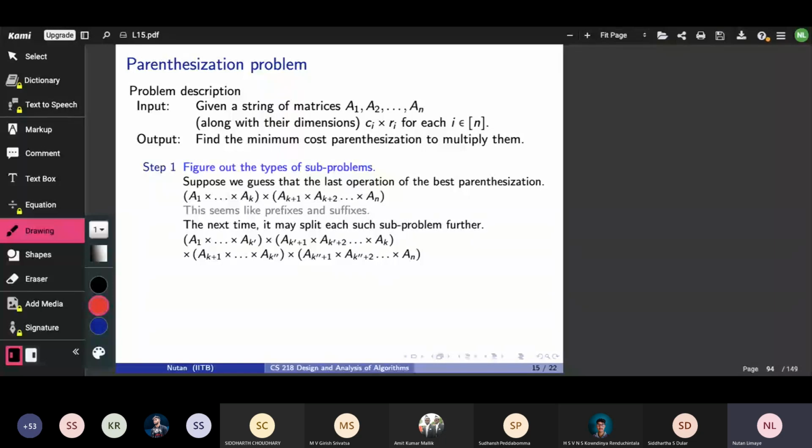And to get the optimal multiplication for the k plus 1 to n interval, we need to break it at k double prime. If this is what somebody comes and tells us, then really to build subproblems at any given time, I may have to look at sub-intervals rather than looking at prefixes or suffixes. These are essentially substrings, but not just any substrings, they are sub-intervals.